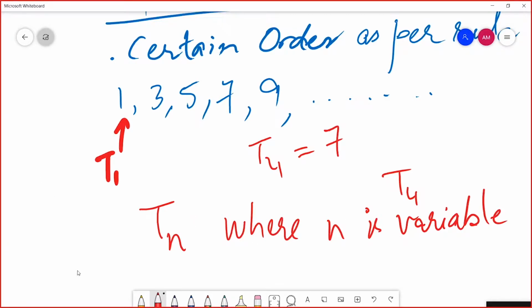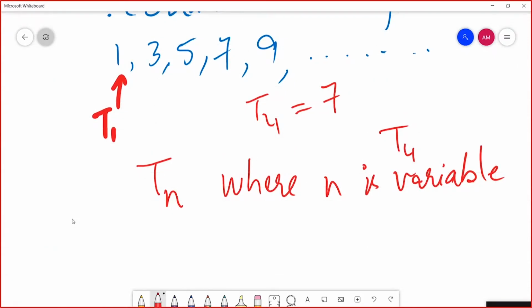For example, in our example, if we put n equal to 3, can you tell me what is T3 from the above sequence? T3 is 5. Very nice. And what is T5 actually? 9. Very nice.